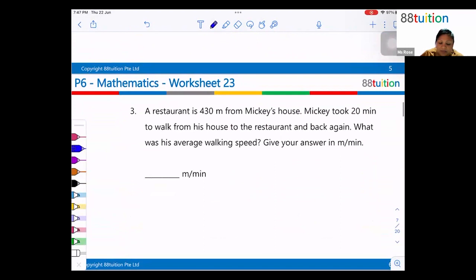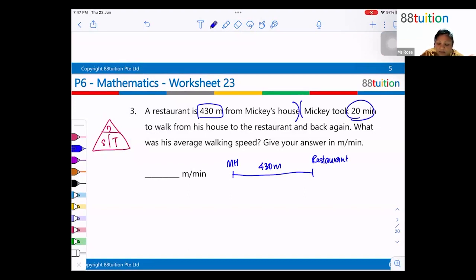Now, question number 3. So I'm going to have my distance speed formula there. So a restaurant is 430 meters from Mickey's house. So from Mickey's house to the restaurant, the distance is 430 meters.